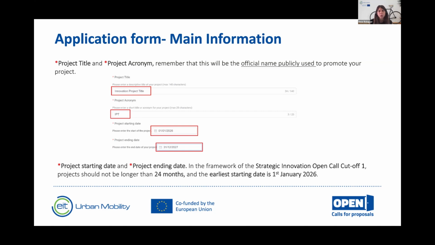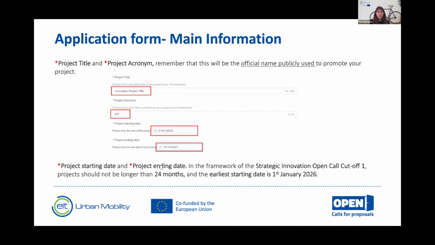So try to write a title that gives a clue about the project and is also pronounceable, because sometimes we use acronyms composed of different letters that are unpronounceable. So let's make a title and for sure an acronym that could be used to promote the project, like a catchy or attractive name.